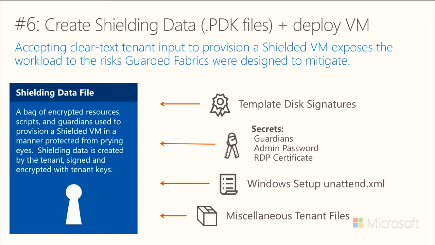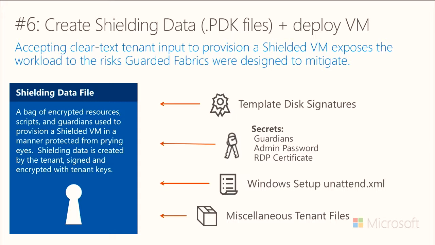How do you deploy the secrets to the fabric such that an administrator or malware, in terms of their prying eyes, can't see those secrets? Secrets such as the shielded or signed template disk signatures that Ryan just showed you how to generate. Secrets such as the guardians that dictate which fabrics this shielded VM is permitted to run on. The administrator password.